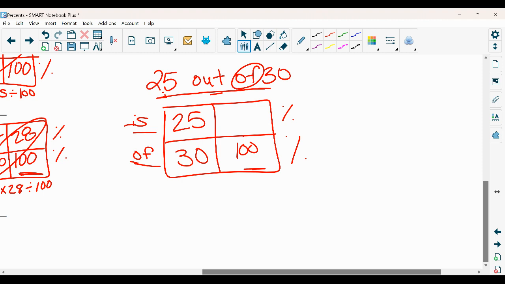So I would do 25 times 100 divided by 30. 83.3, with a 3 repeating, right? That would be your grade. So if you got 25 out of the 30, you would have an 83. That's how you would solve for that.